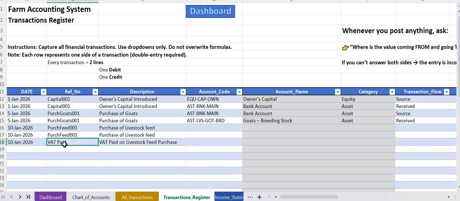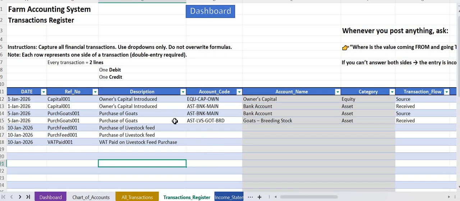Maybe what we can do, we can also just say this is VAT paid 001, right? Just so that we can know that this is the first VAT that we paid.